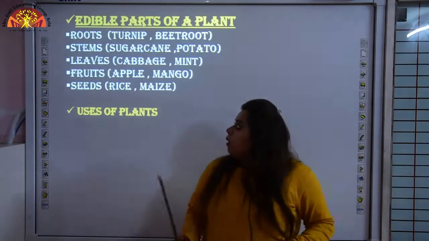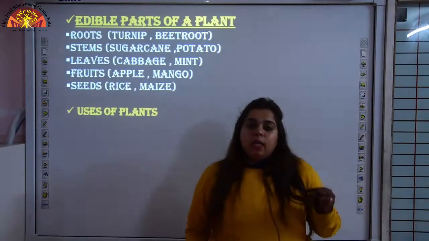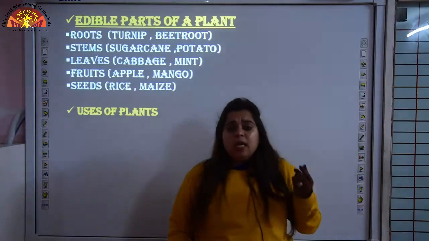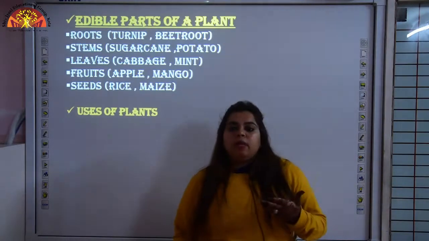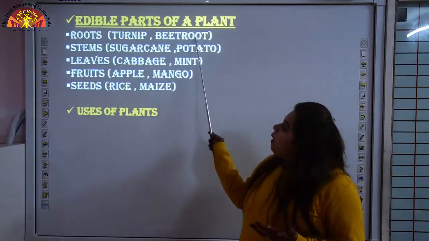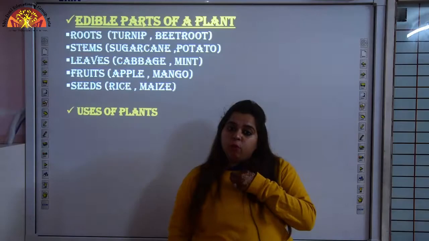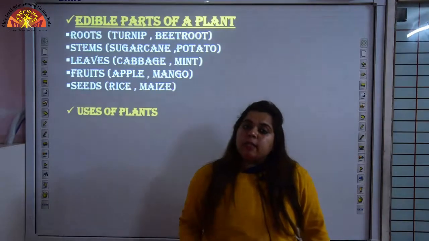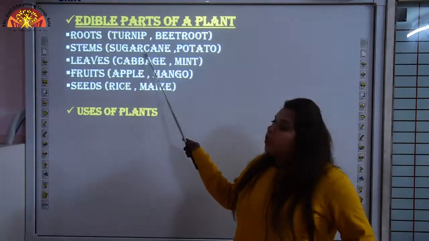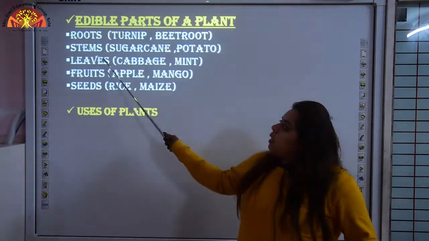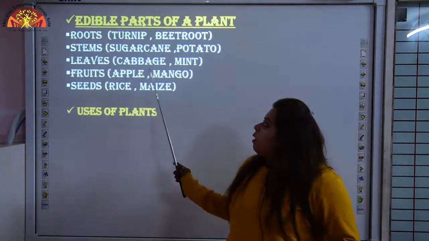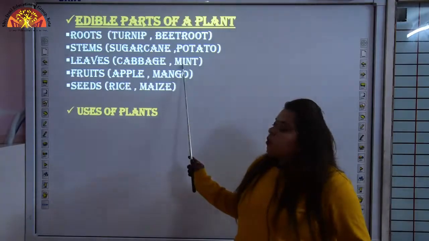Let us see. Roots. Now, children, there are some roots of a plant that we eat. Some examples are turnip and beetroot. Now, children, we eat different stems also of a plant. Examples of stem are sugarcane and potato. Leaves that we eat are cabbage and mint.